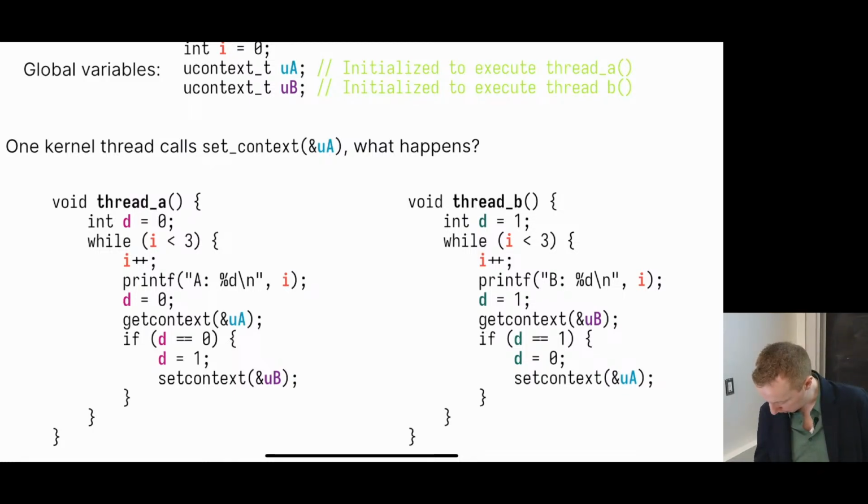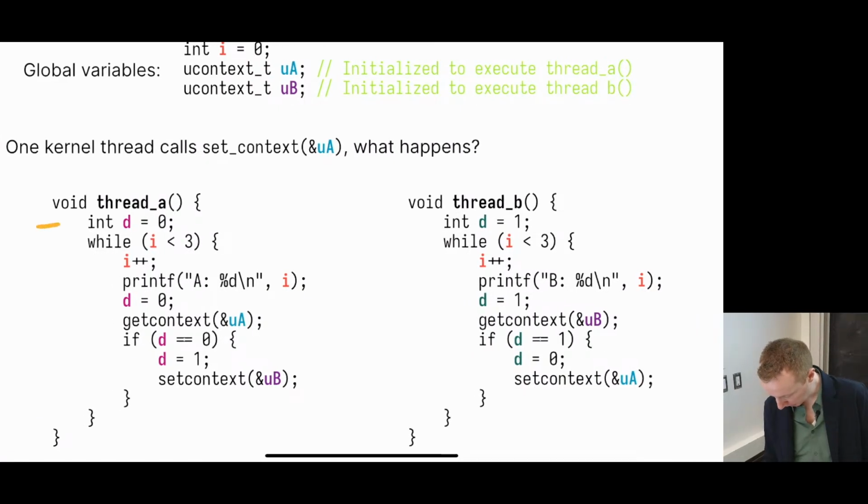Thread A is going to set up and start executing this. Thread B is going to be set up to start executing this line.